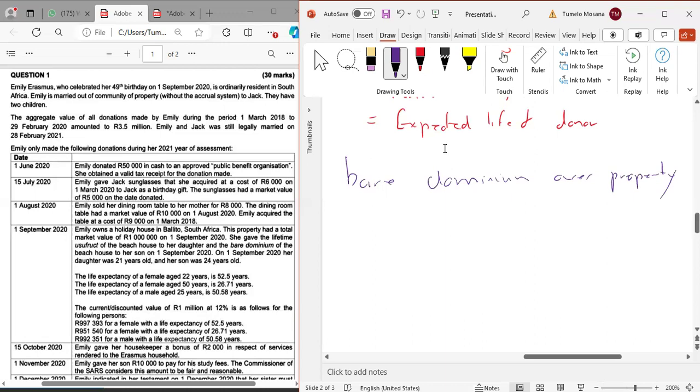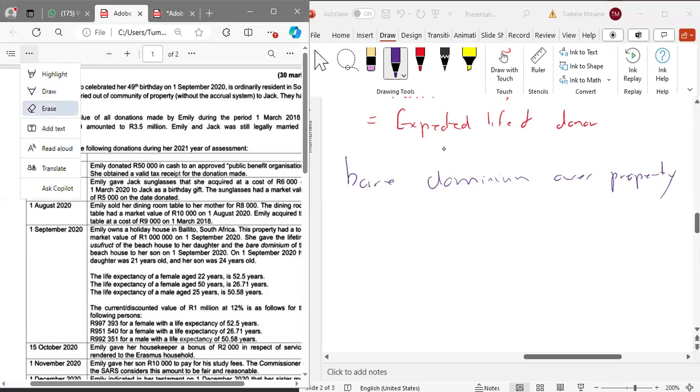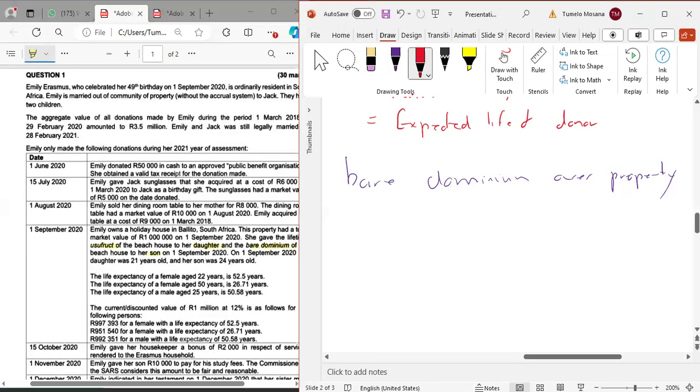The usufruct was given to the daughter, and the bare dominium was given to the son, right? So with the bare dominium, how you would calculate that is that you would use the fair market value less the annual value, right? Annual value also capitalized at 12%.